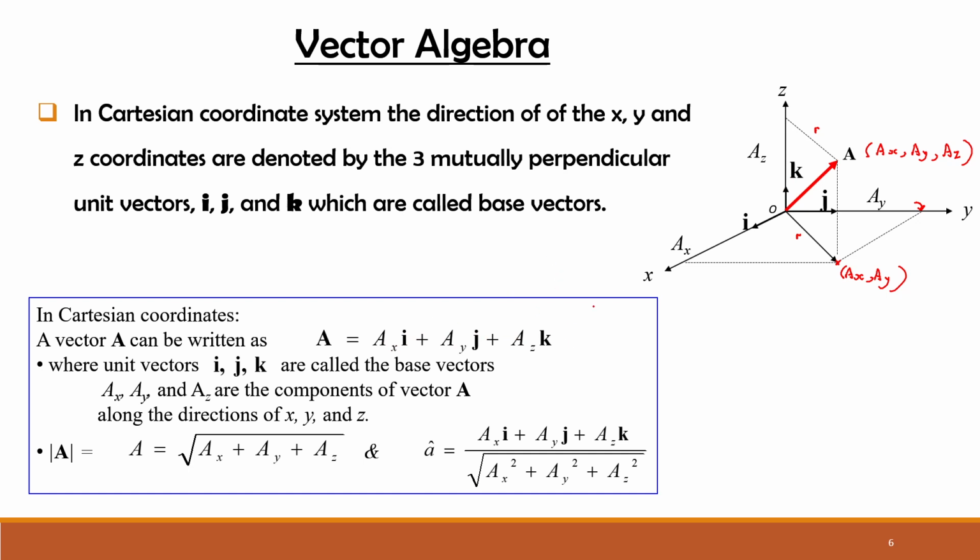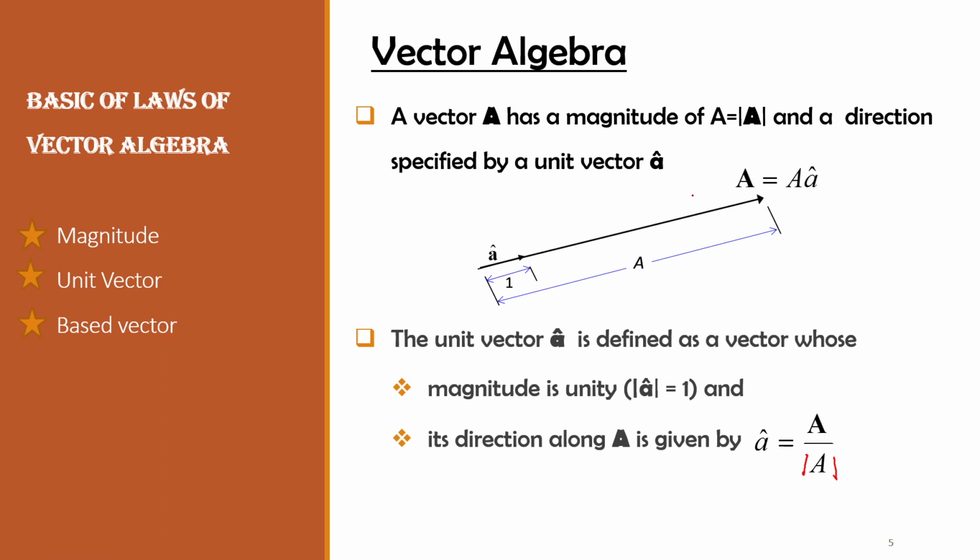This is in the rectangular coordinate system. Compared to just now, where the vector could be in any direction, so vector A is its magnitude multiplied by its unit vector.